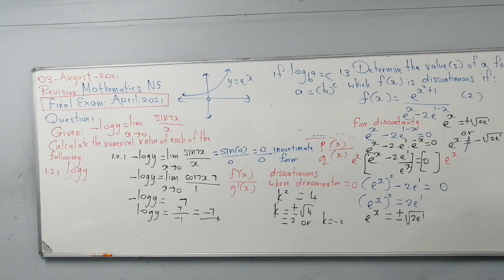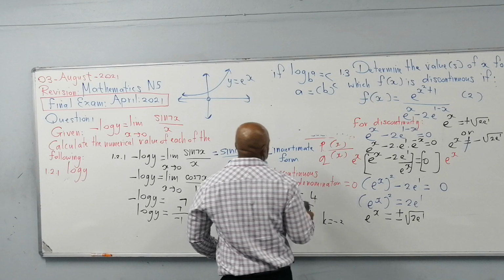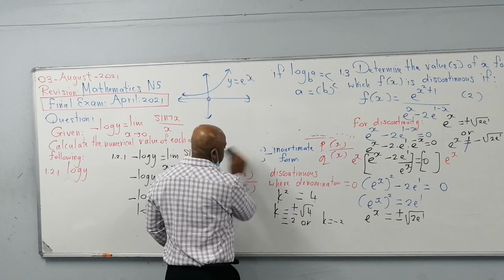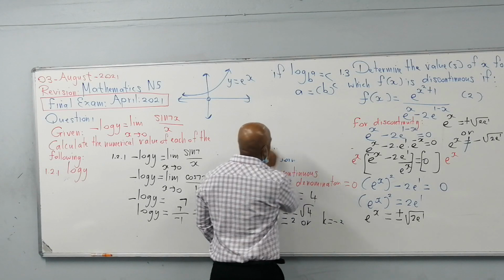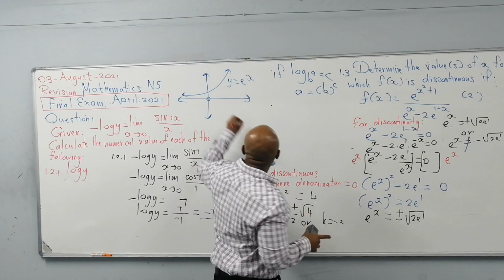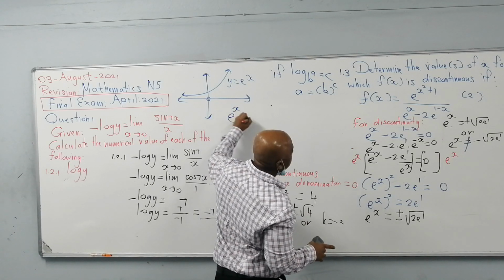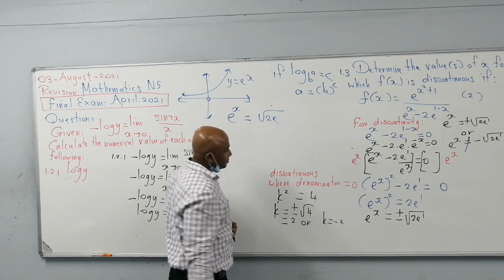Right, now, so here, let me just do the working out here. So I'm working with this equation, e to the power x is equal to the square root of 2e.